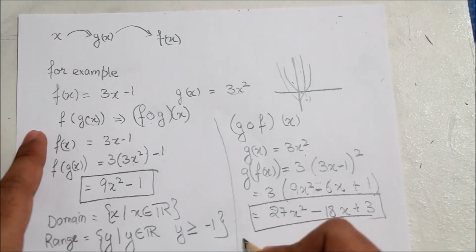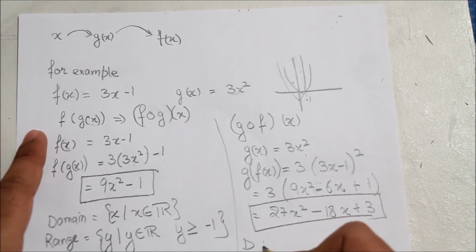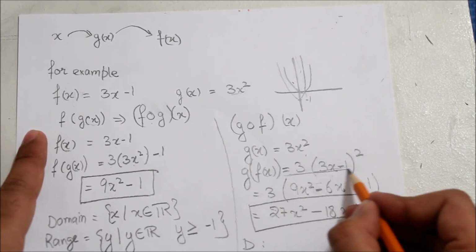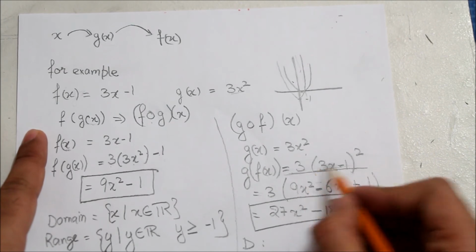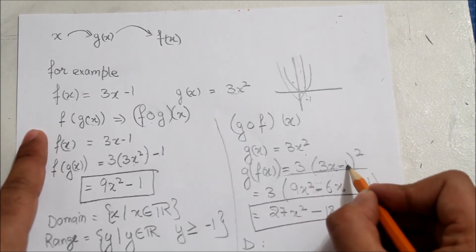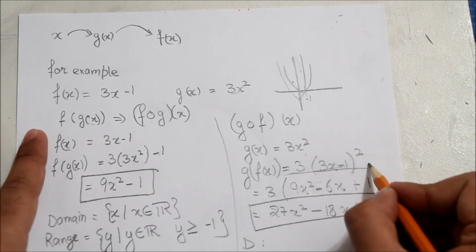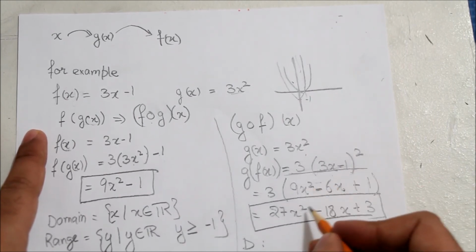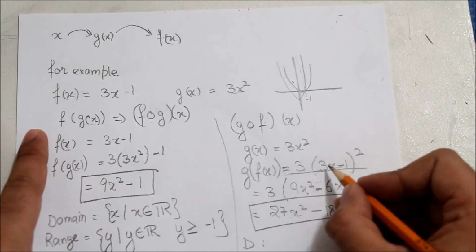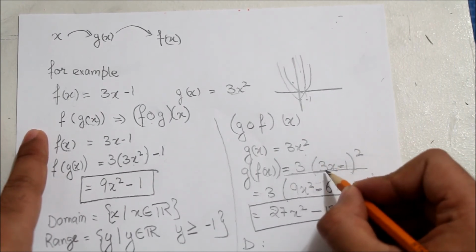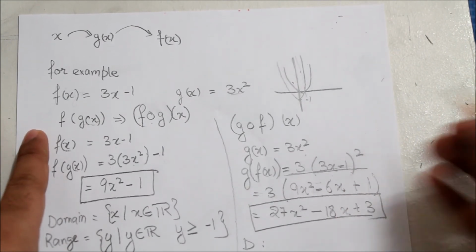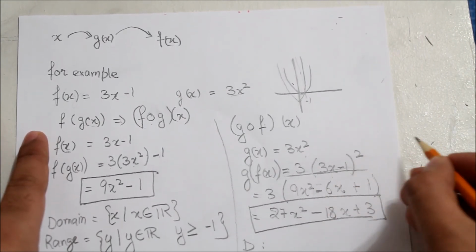So now to the domain and range. If we look at this part of the equation, it's like a quadratic equation, so its vertex should be at positive 1 and 0. We can say it's a parabola that's horizontally compressed by a factor of 1 over 3, and it's moved right 1 unit.